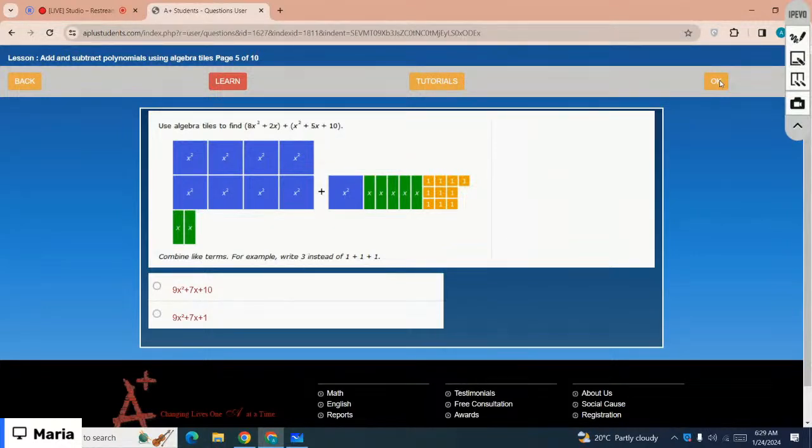The correct option is, yes, 9x square plus 7x plus 10. Option number 1 is the correct option.